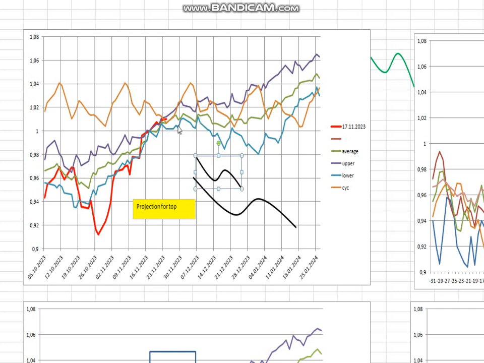in orange. So the projection is suggesting a high somewhere early December and a low somewhere late December or maybe into January. We should expect some kind of an ABC reaction here, but it could also be a longer ABC into January sometime.